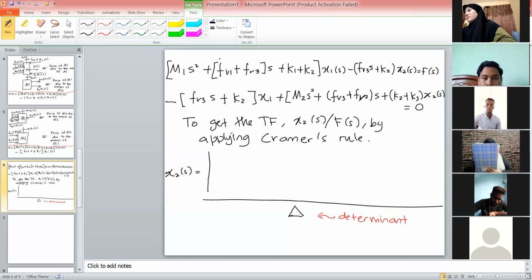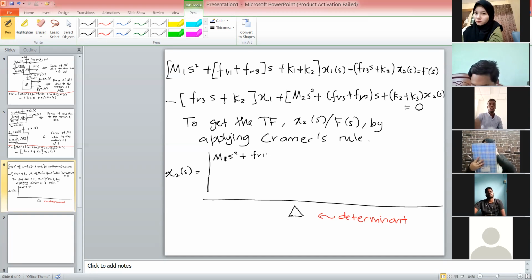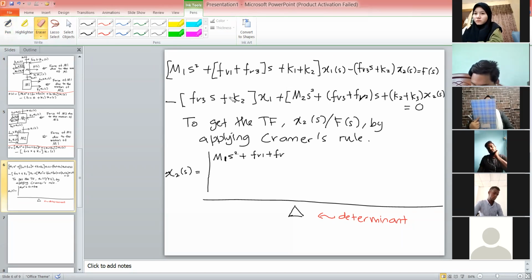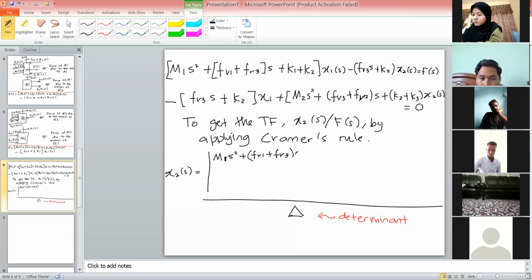So now we have m1 s square plus fv1 plus fv3 times s plus k1 plus k2.